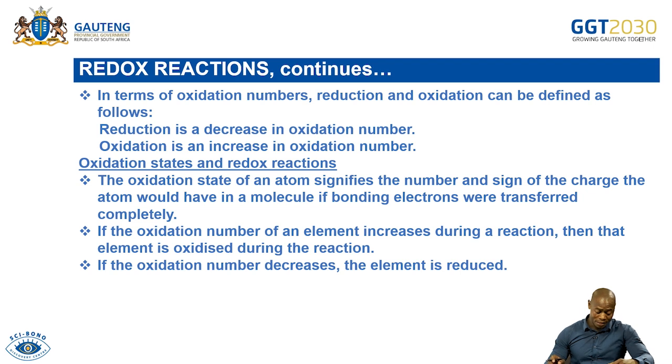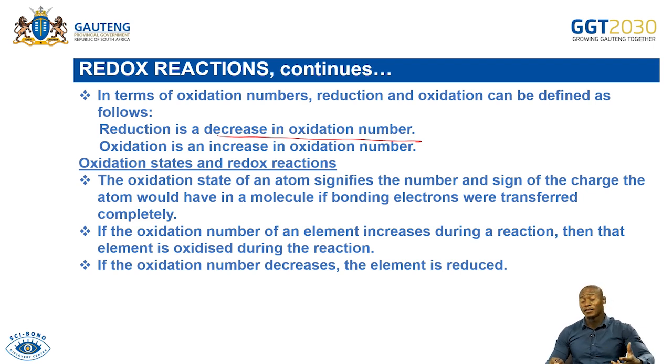Then in terms of oxidation numbers, when it comes to reduction, there's a decrease in oxidation number, and when it comes to oxidation, there's an increase in oxidation number. So please, learners, be careful. How are you going to tell that an atom is losing electrons? If its oxidation number increases, it means that atom is losing electrons.